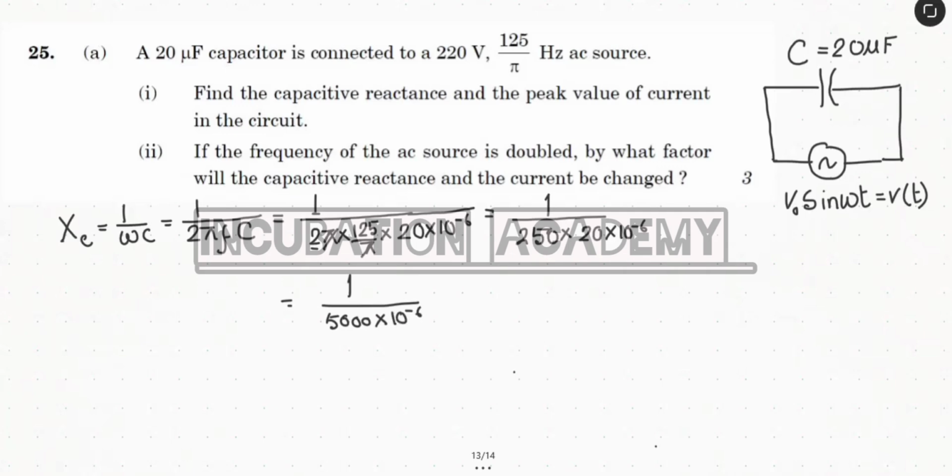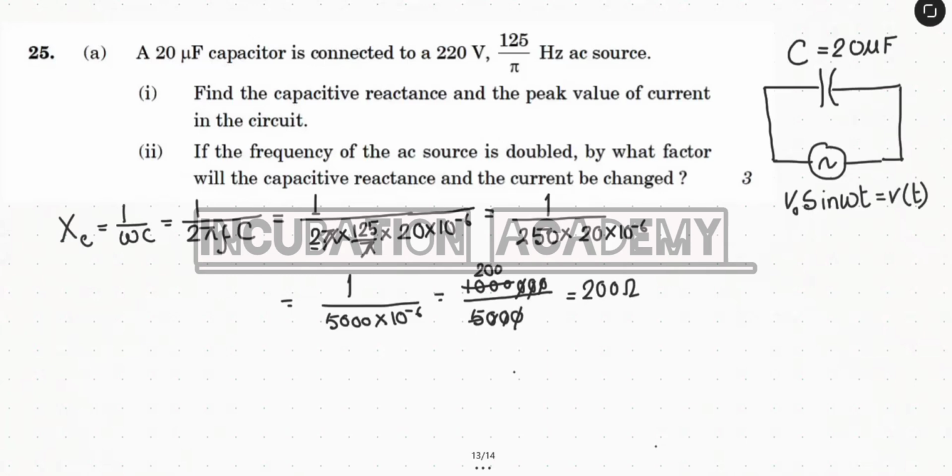Very simply, 10 to the power 6 goes up, divided by 5000, so the zeros cancel out, and this becomes 200 ohm. So that is the capacitive reactance. Obviously, it acts as a resistance in the AC circuit, so it is 200 ohm.